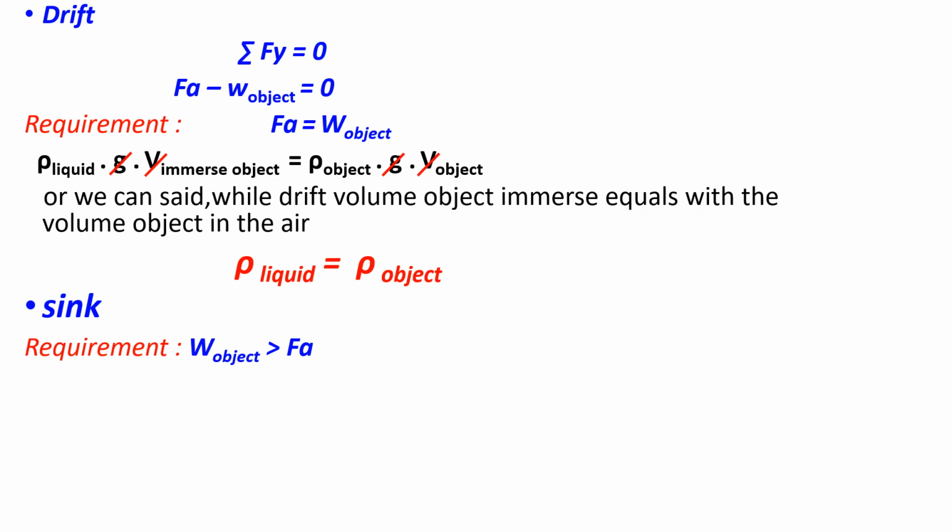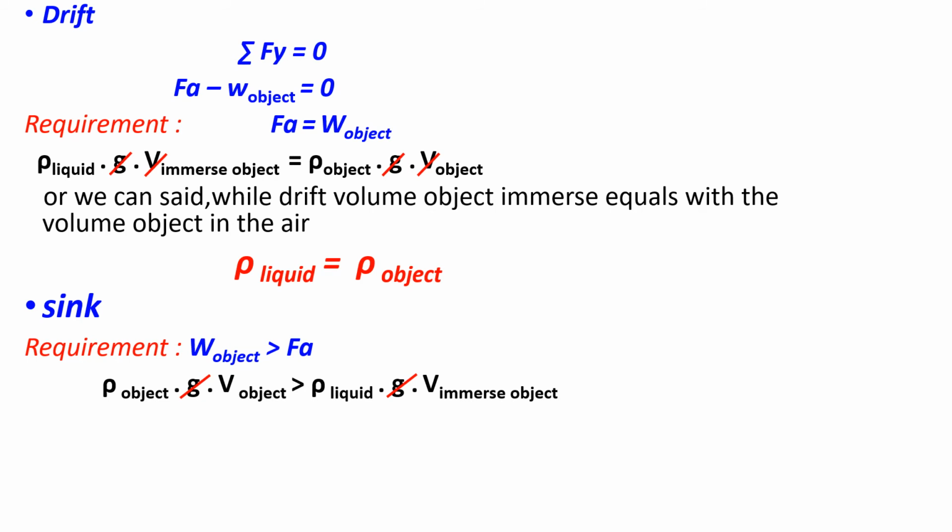If we substitute weight object bigger than Fa with density object times G times volume object bigger than density liquid times G times volume immersed object, so in here that G can be erased at both sides because magnitude G is the same.